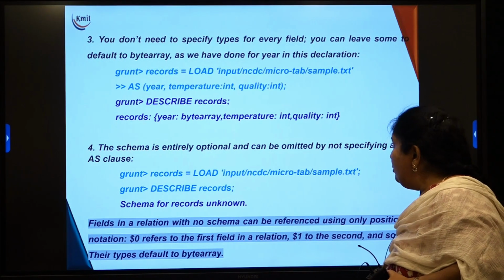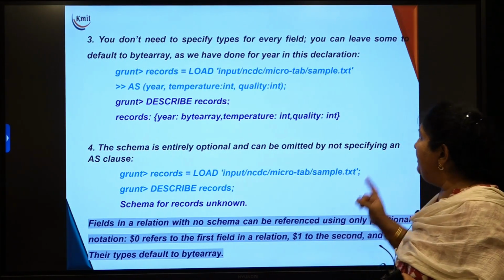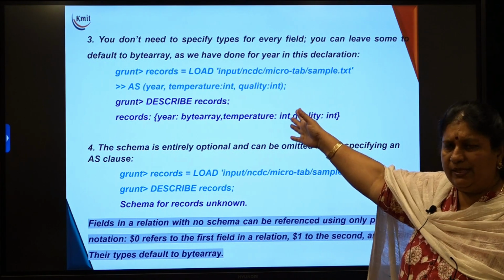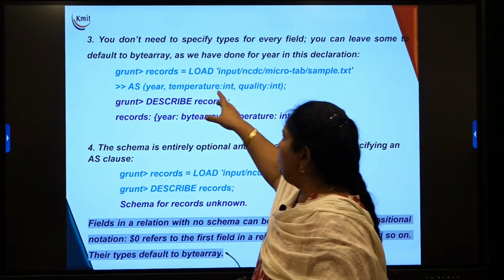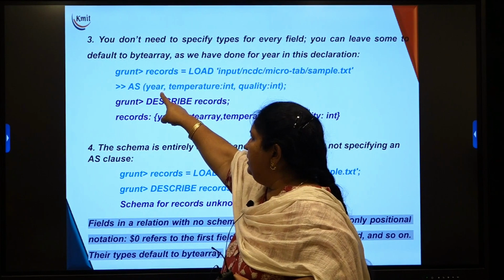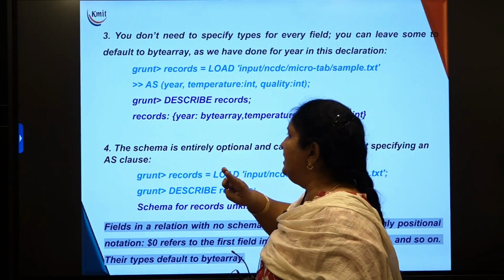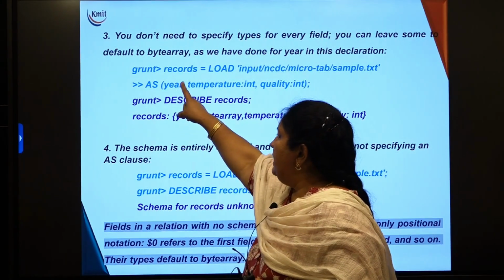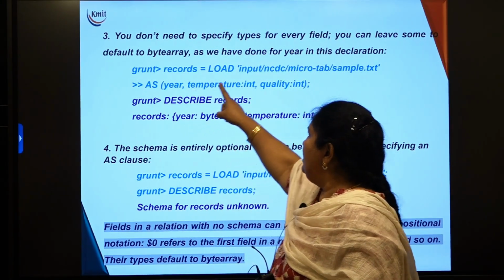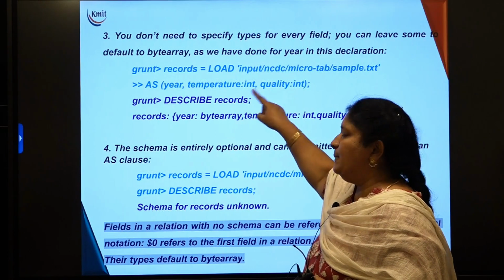Third one, you don't need to specify types for every field, partial specification. If you see this one, what did I specify? For year, I did not specify the data type. This is the third variant of specifying the schema. For temperature and quality, I specified.